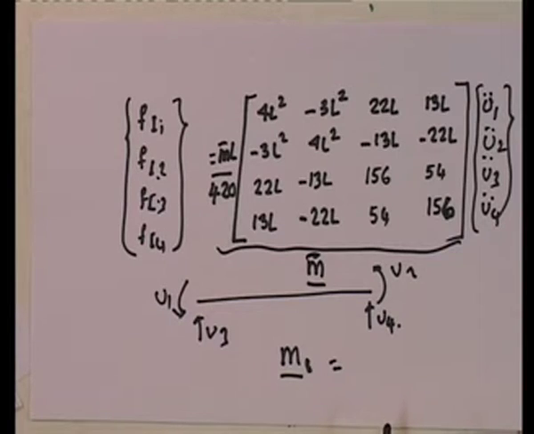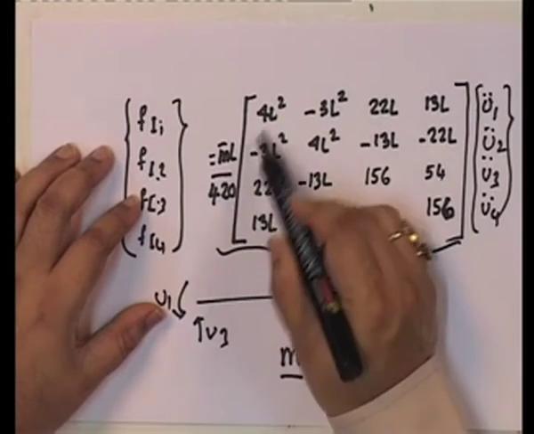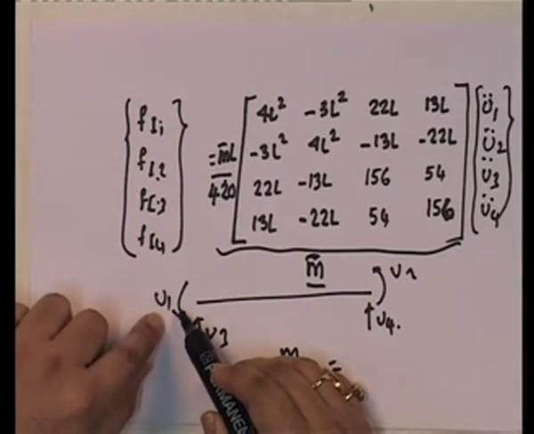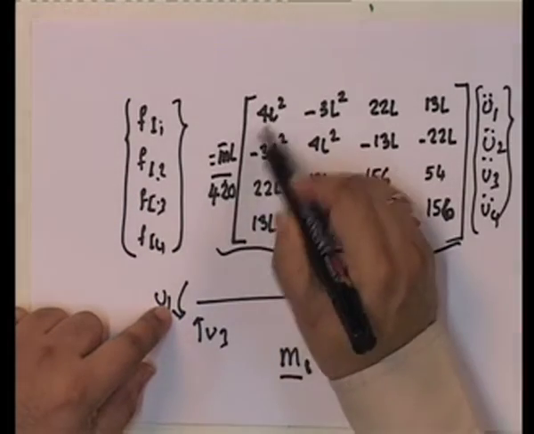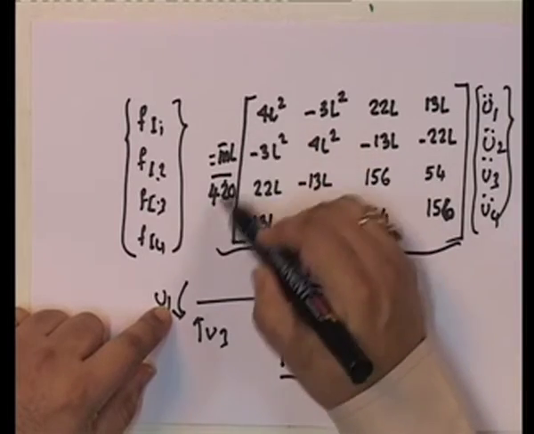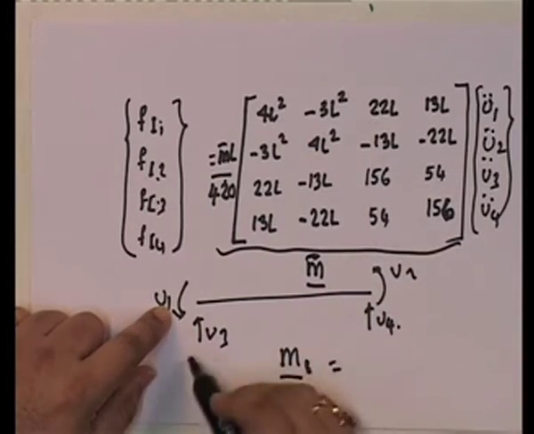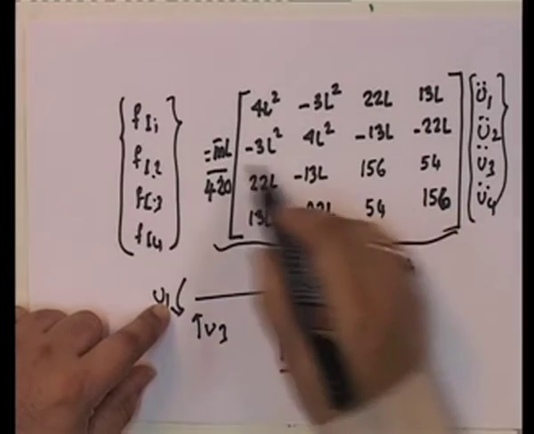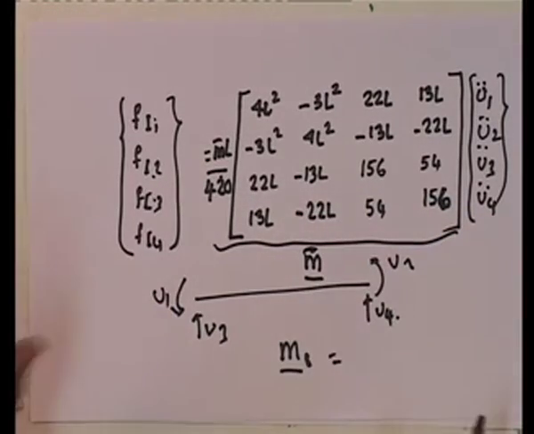So, if you look at these terms, this is the corresponding moment due to unit rotation. What is that? That is like a mass moment of inertia, and you will see that the units are mass moment of inertia. The direct linear displacements, these are direct mass. So, this is a very consistent formulation.